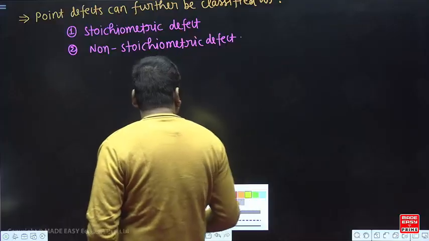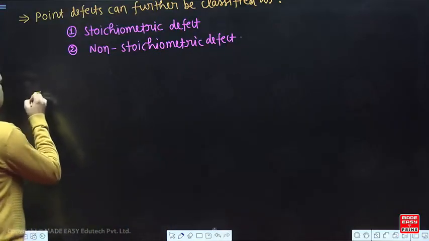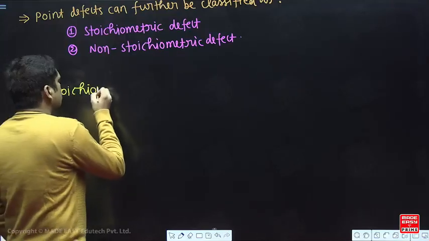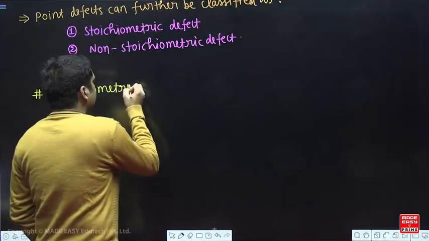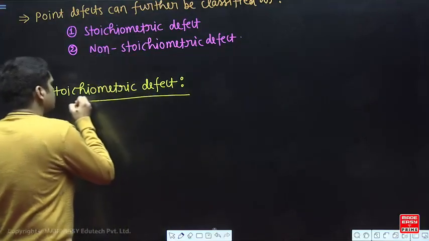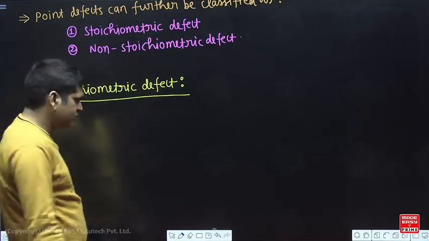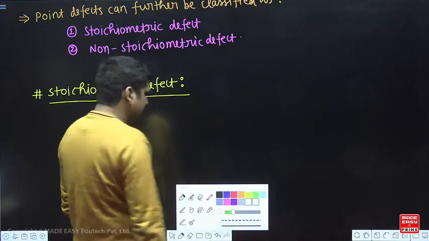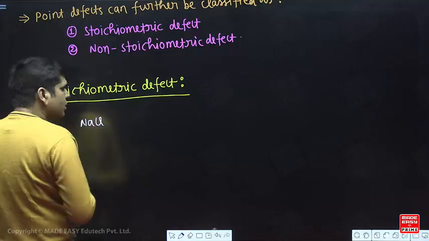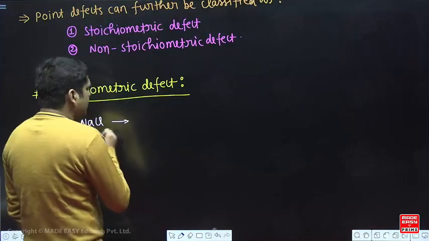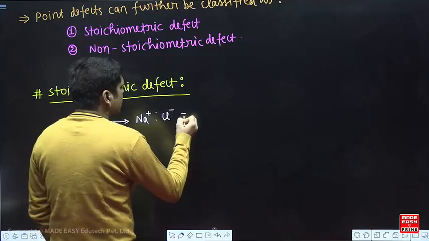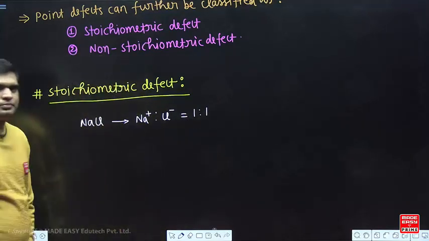Let us talk about stoichiometric defects. First of all, let us try to understand what stoichiometry is. Civil students would know it, you study it in environment. Let us suppose we have NaCl. This is a solid. In this solid, the chemical formula is predicting that the ratio of Na+ to Cl- must be 1:1.